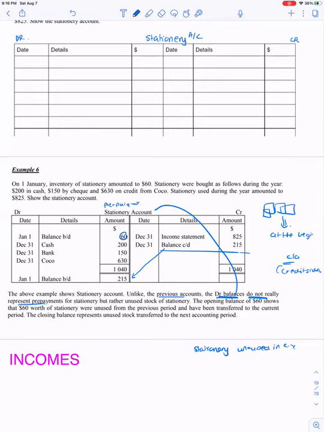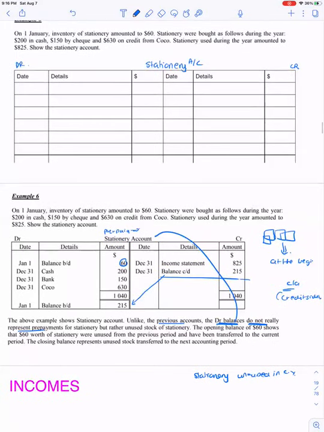So unlike other expense accounts, when you have a debit balance in the stationery, it represents the stock of stationery at the beginning of the year, and the closing balance would represent stationery unused at the end of the current year.